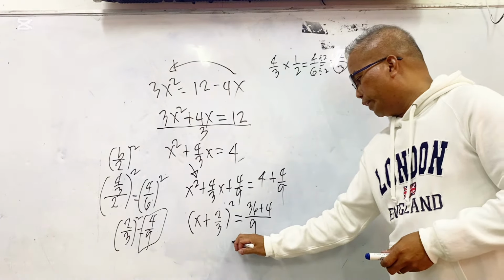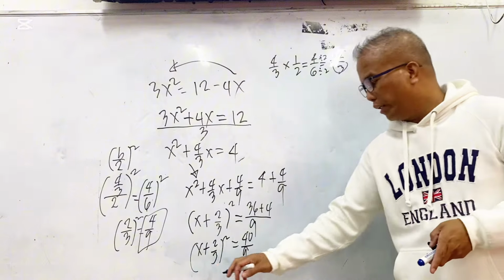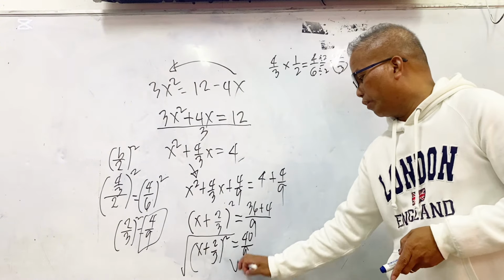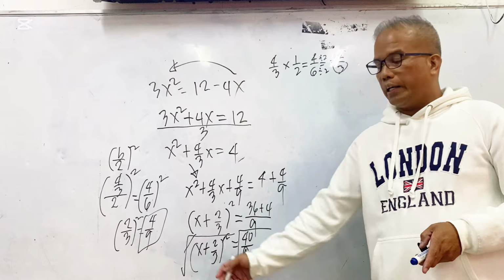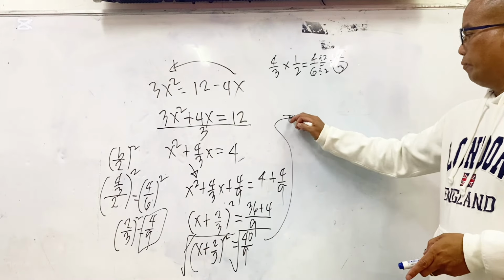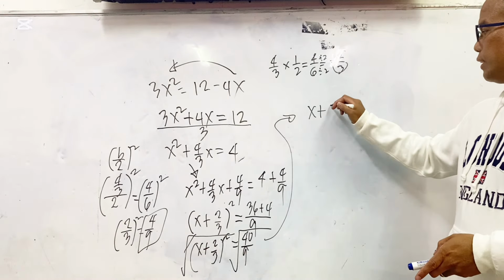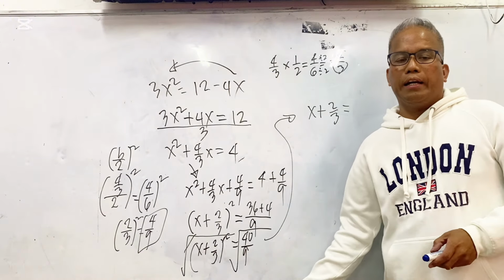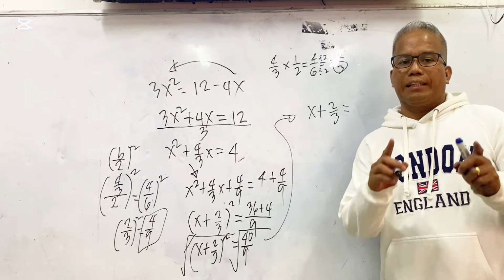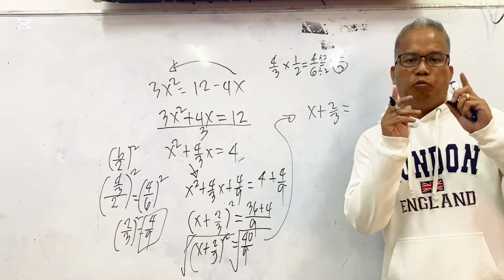To remove the exponent 2 here, what will you do? You are going to apply extracting square root or the square root property. So cancel the exponent 2 and the index. So we have now, let's bring it here, x plus 2 over 3 is equal to the square root of 40 over 9. So we can factor 40 as 4 times 10.